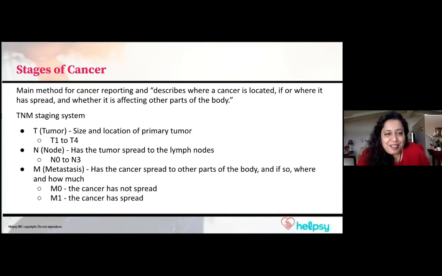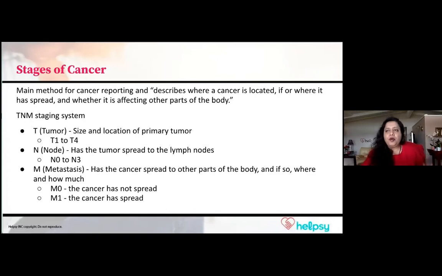Now, something you might have heard is the stage of cancer. You might have heard or seen in the report that they have written what the staging is, TNM. So let's demystify that. It's actually quite straightforward. T stands for tumor. What is the size and location of your primary tumor? N stands for the node. Has the tumor spread to the lymph node?